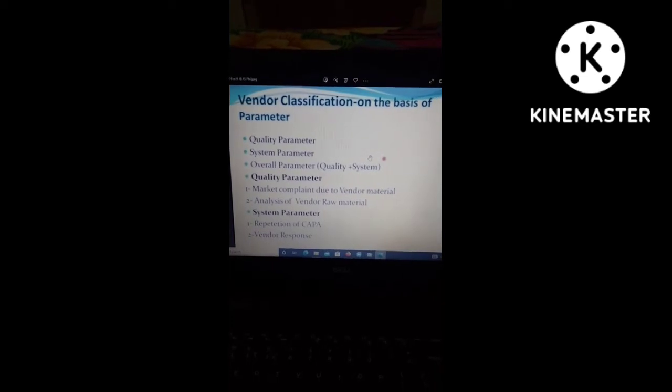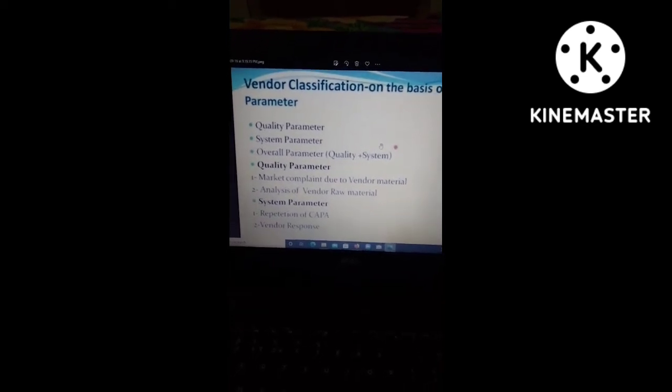Now, when we will conduct the re-audit and re-qualification, and also what is meant by class A, class B, class C: one vendor based on their quality and GMP requirements. Now here we see the classification of the vendor on the basis of the parameters.